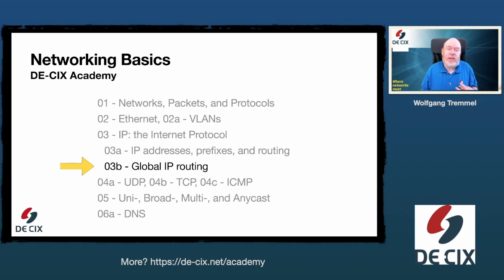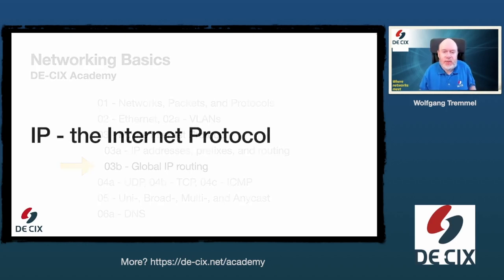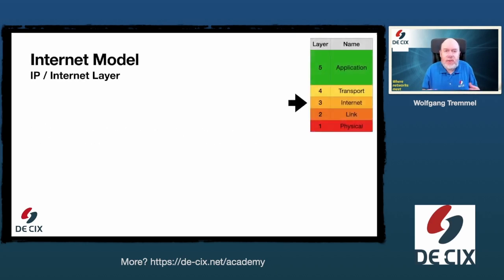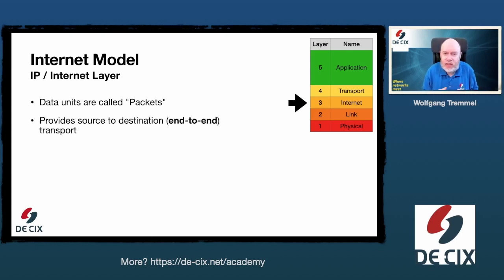Let's start with a quick recap of the IP, the Internet Protocol. With the layers of the whole Internet Protocol stack, you know that the IP protocol is on layer 3. On layer 3, the data units are called packets, and the purpose of layer 3 is, of course, to provide source to destination end-to-end transport.